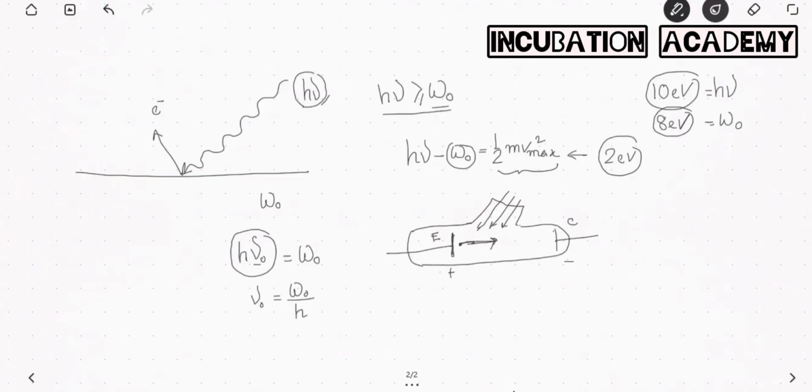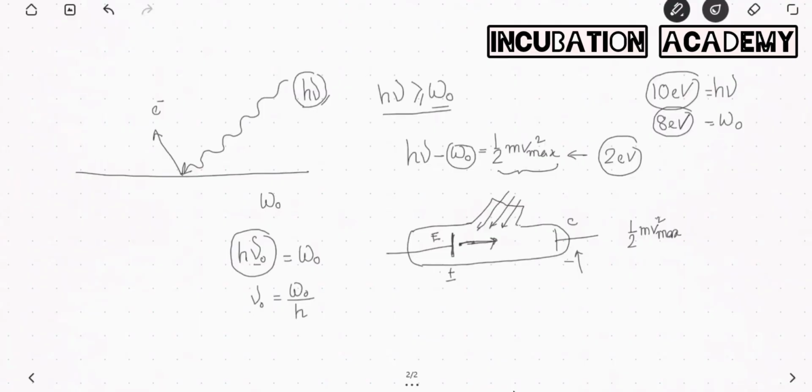Since the collector is kept at negative potential, it is repelled, but still it tears through this electric field and tries to reach the collector, because it has the energy with which it came out from the metallic surface. So if you increase this negative potential compared to the positive, then what will happen?